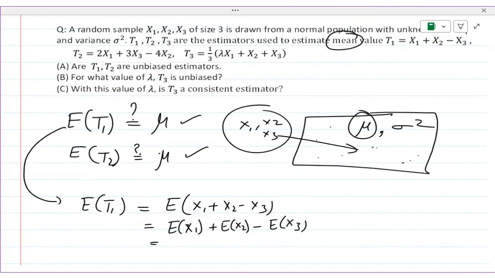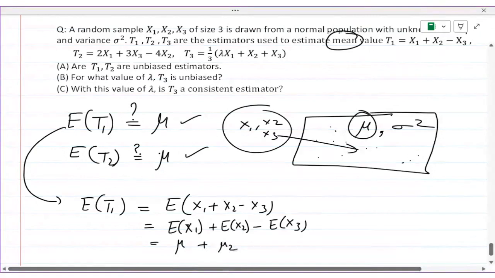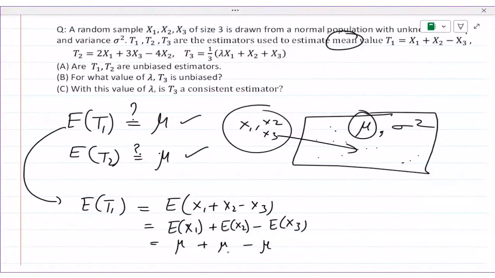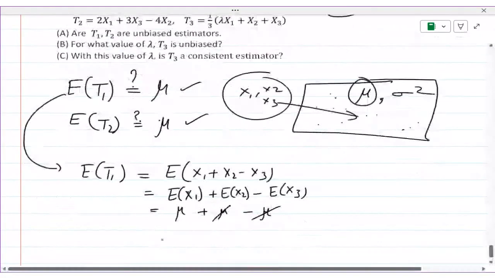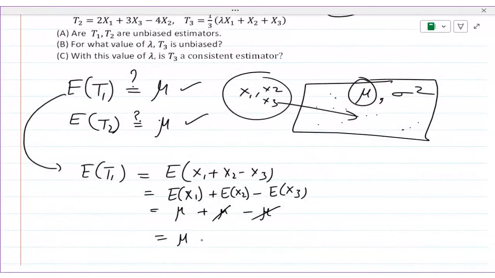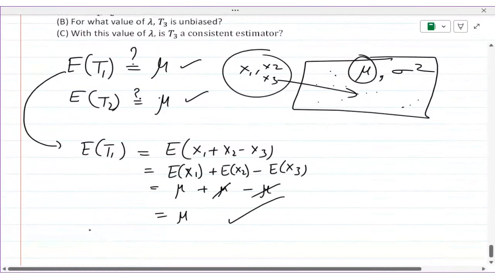It means any sample x1, x2, x3 will also have mean mu. So the mean of x1 is mu, the mean of x2 is mu, and the mean of x3 is also mu. So one mu and mu will cancel, and we get mu. It means the expectation of T1 is the same as mu, therefore T1 is an unbiased estimator of mu. Is there any doubt in this question? This is easy. I hope all will understand this part.